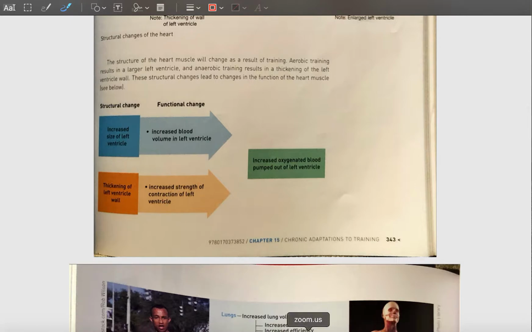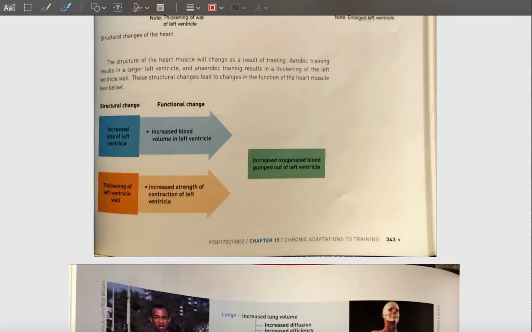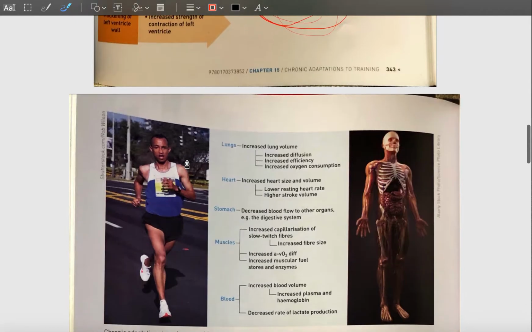So whether the muscle itself of the heart is able to store more blood, or whether it's able to have a stronger push when that blood is ejected out of the heart, either way, we are going to have an increased amount of blood coming out of that left ventricle every time the heart beats. So we have structure changes and we have function changes.